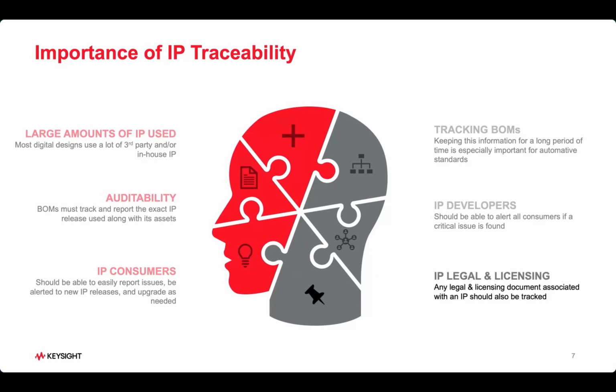And of course, if there are third-party IPs involved, then legal and licensing information and documentation need to be captured as well. So again, looking at reuse, it's not just the ability to reuse that data, it's also the ability to trace where the IP is getting used.